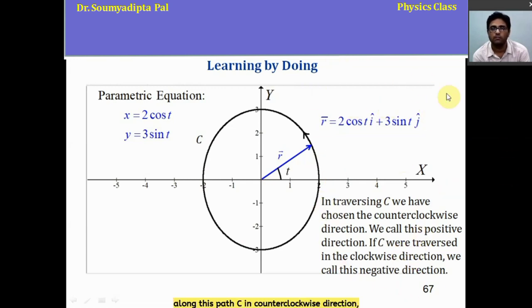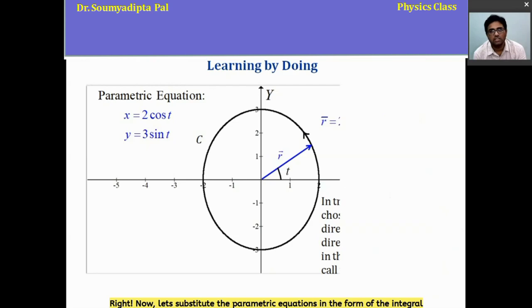Now if we travel along this path C in the counterclockwise direction, then we will call it the positive direction, and movement in the clockwise direction will be the negative direction. Okay. So accordingly the sign of the integration will vary, right?